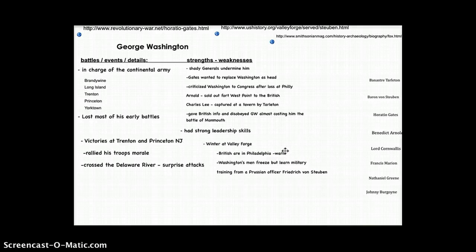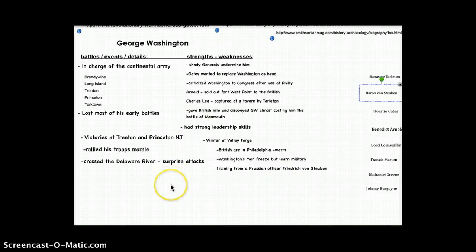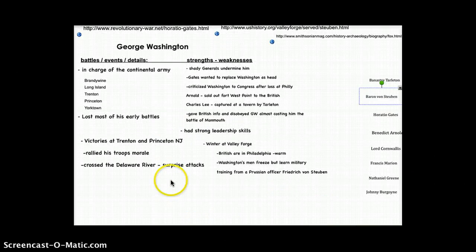So he, with the help of a Prussian officer named Friedrich von Steuben, known over here as the Baron von Steuben, it's the same guy, trains his men and comes out of Valley Forge like Rocky Balboa in much better shape and ready to go. So this is an example of how to do one.